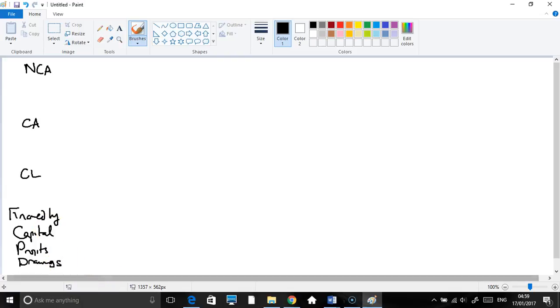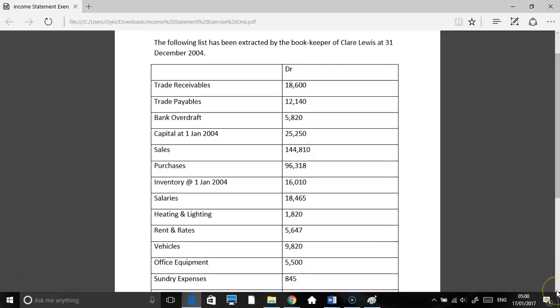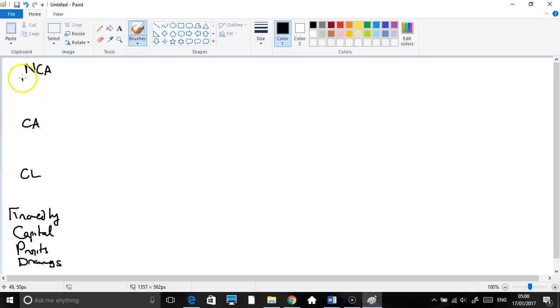So let's look through our list, and in our list we had the vehicles and the office equipment 9820 and $5250. Let's just look at that again.